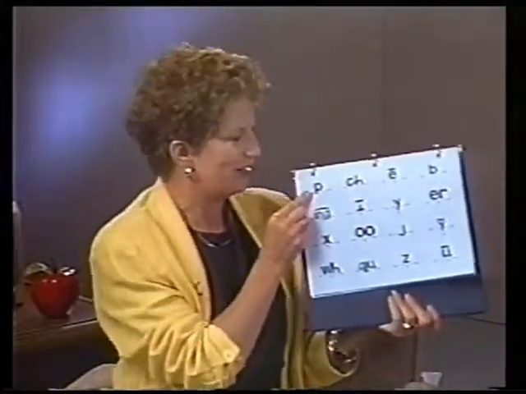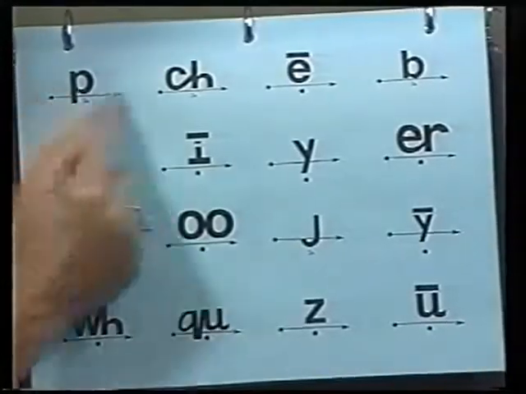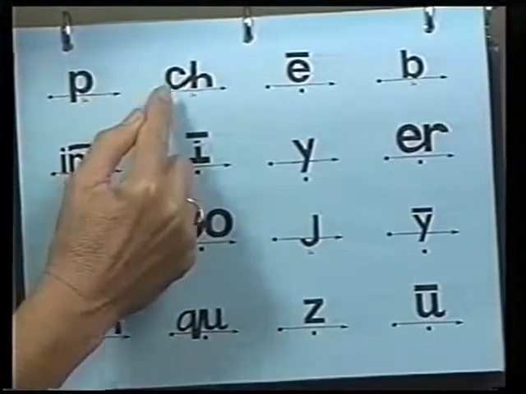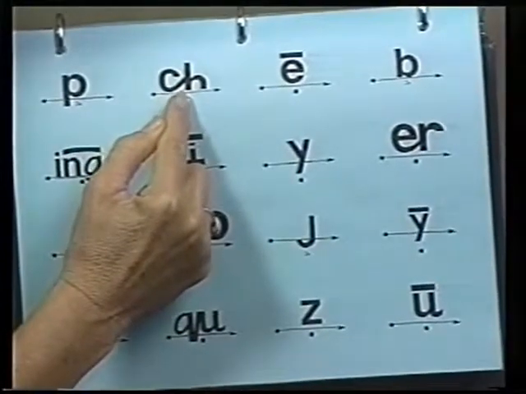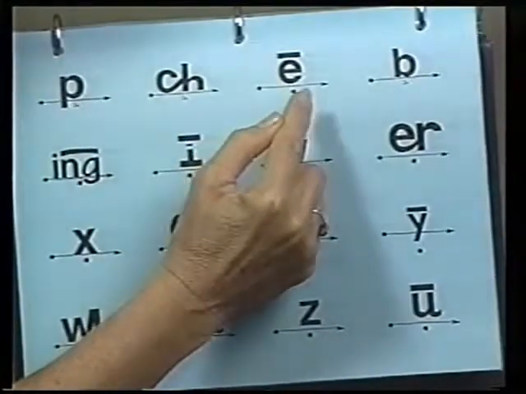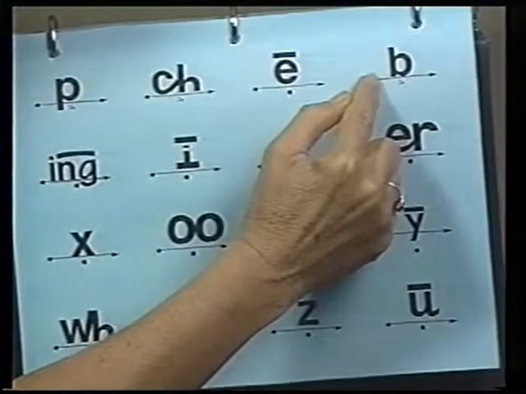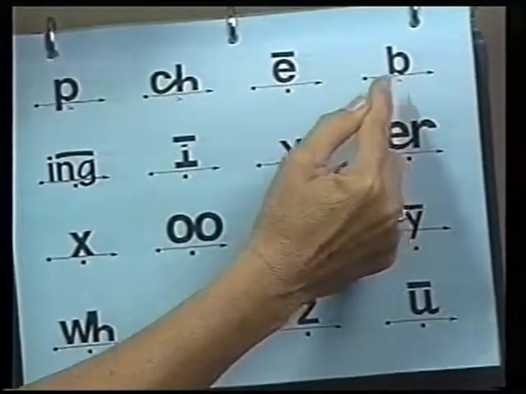Now here's the test for the last segment. Boy, it's a long one. Here we go. First one's a quick sound. Get ready. Yes, p. Get ready. Yes, ch. Get ready. Yes, e. Another quick one. Get ready. Yes, b.